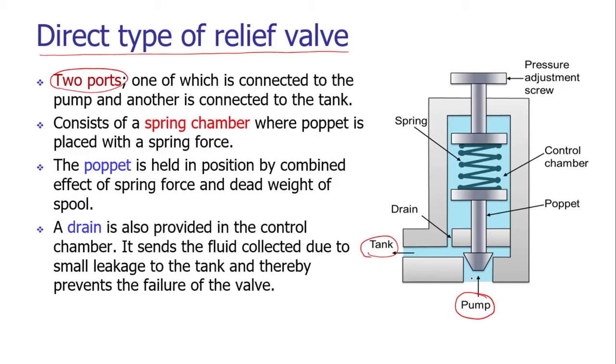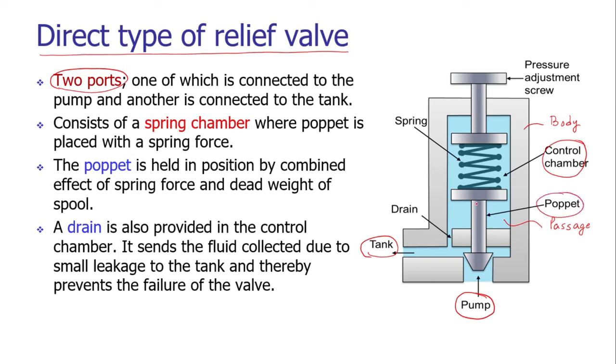To have this arrangement, we have the body of the valve. The body of the valve has a passage, also called the control chamber. Inside the control chamber, we are using a poppet.